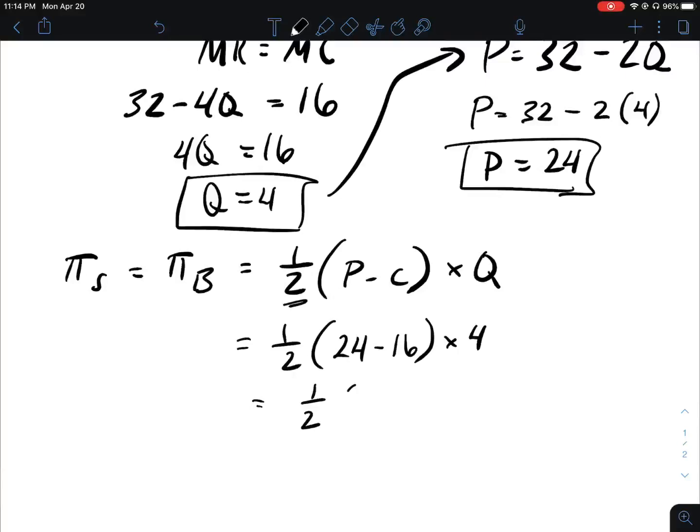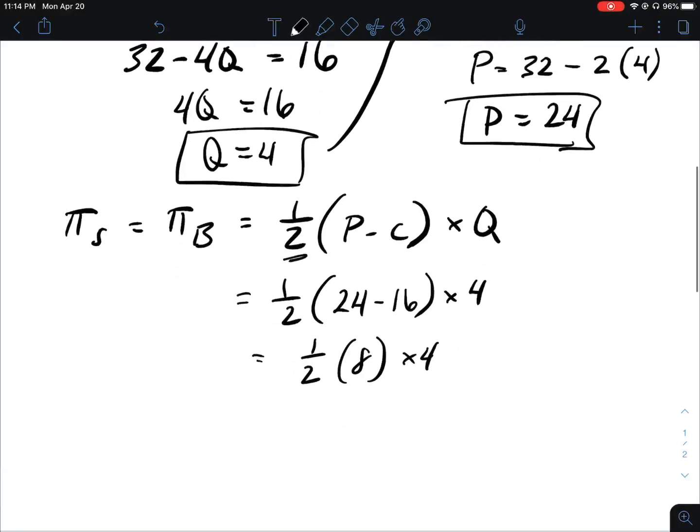And so 1/2 times 8 times 4 will be our profit. And so our profit for both Squeaky Clean and Biobase, since they're colluding, will be 16.